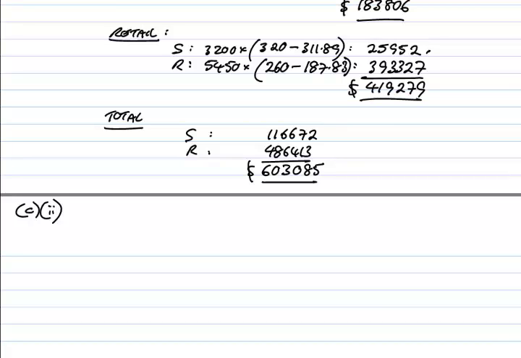Given these two sets of figures and your calculations in C1, well, we've just worked out a total profit of 603,085 using activity-based. Discuss whether activity-based costing should be implemented. So it's on the discussion. We're not expected to do any more numbers. For heaven's sake, don't go checking the profits that she's given there. But our job is to compare them and consider, should it be implemented? Well, several points to make here. I mean, it's 6 marks.